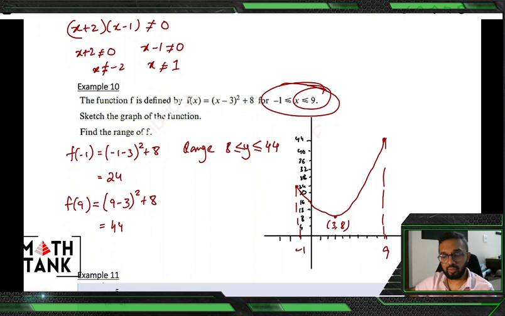The turning point is right now absent. Unless I go on and find the turning point myself or I look at the equation, only then will I be able to figure out that this graph was actually going below and then climbing up. That is something I need to be aware of in order to find out the range of the function.